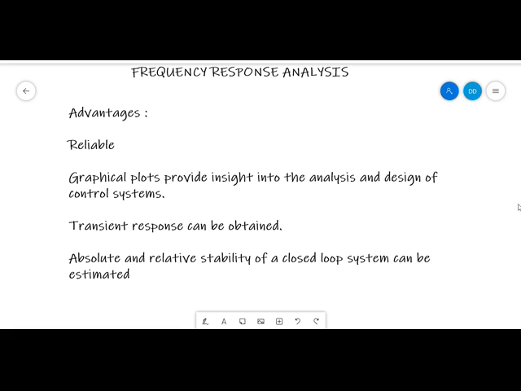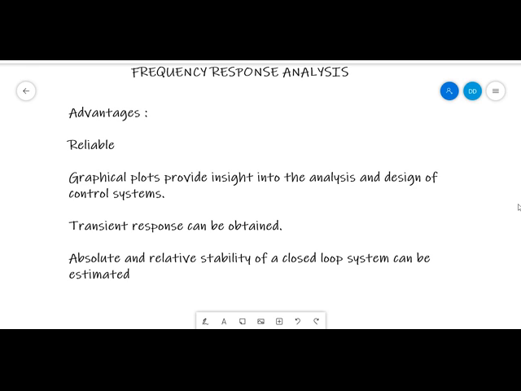So as we consider omega to vary from 0 to infinity, omega is the angular frequency, and we plot magnitude and phase angle plots, we can get an insight into the analysis and design as well as the stability of the control systems. And it is very easy to visualize the effects of noise as well as parameter variations.